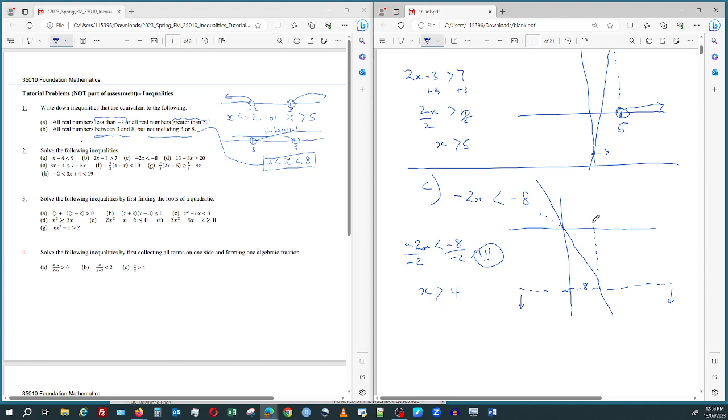So this value here is 4. Okay, and that means that we're going to go greater than 4 in that direction. Okay, greater than 4 in that direction. So this means, of course, that this is now our region, going off and understanding our region.